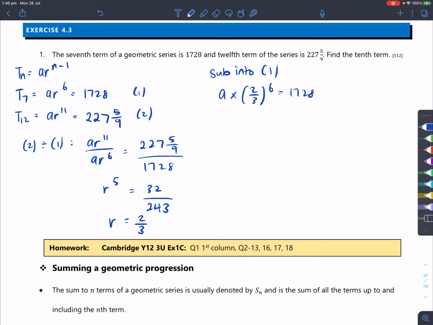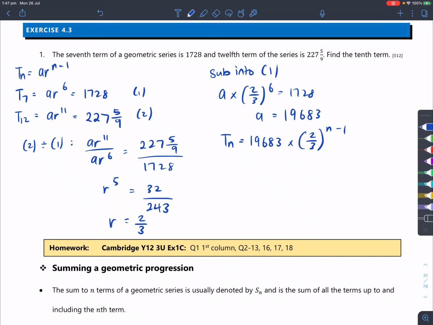So 1728 divided by 2/3 to the power 6. Let me just do that quickly. And that should give you a being 19683. So the term formula is now 19683 times 2/3 to the power of n minus 1.